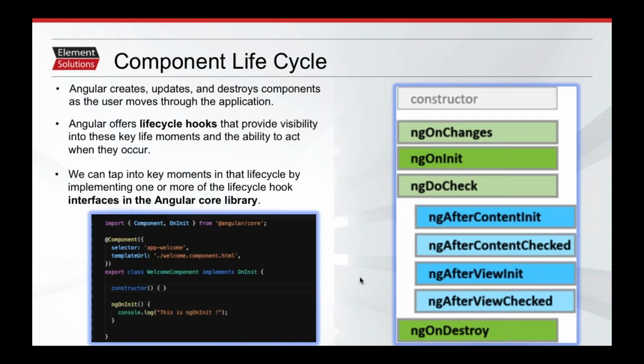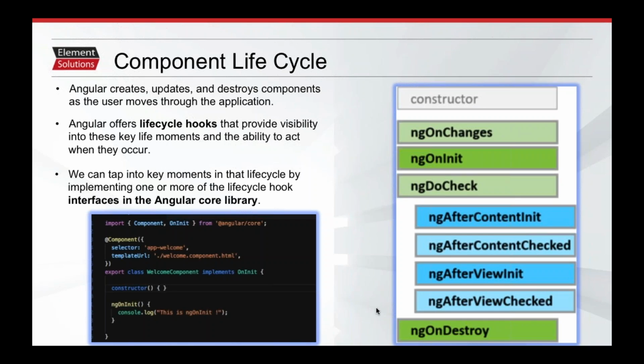When the template is ready with all the presentation, and the component loading is done, then we get control to do something. Similarly, when the component HTML template is ready, we get the control back to the component class to do something. For all of these component life cycle phases, there are interfaces in Angular core.